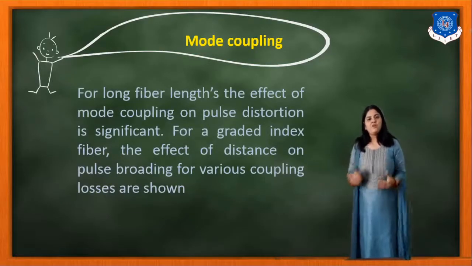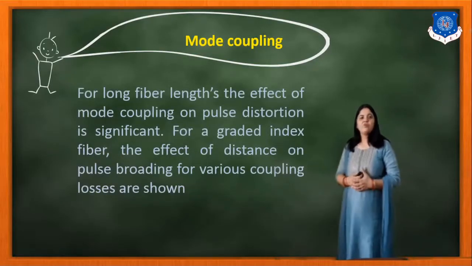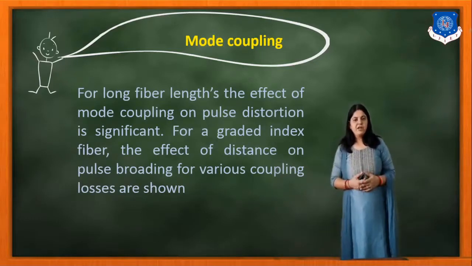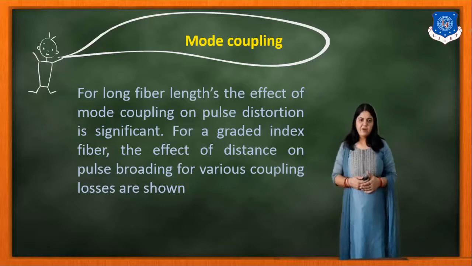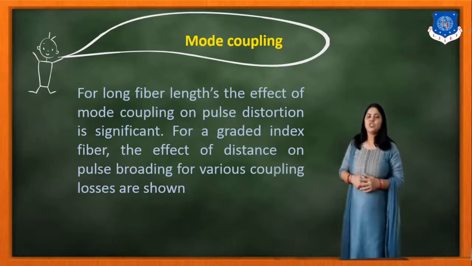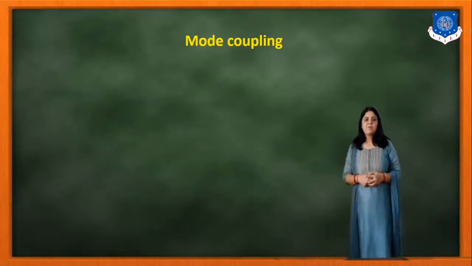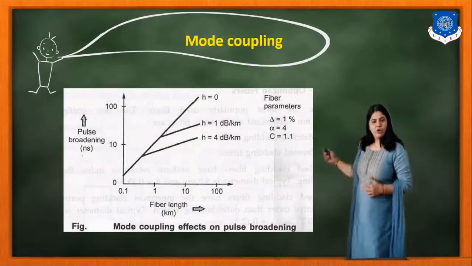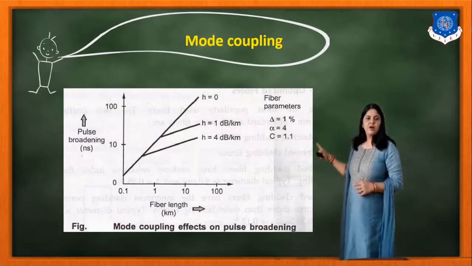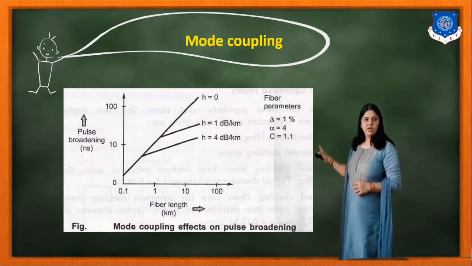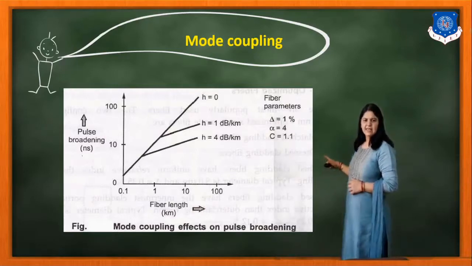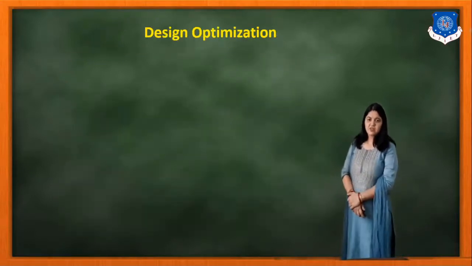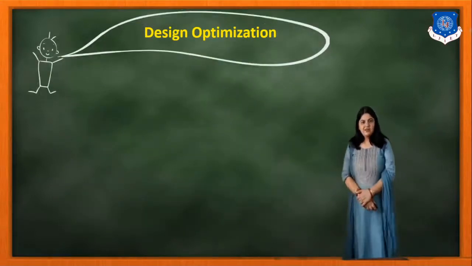For long fiber length, the effect of mode coupling on the pulse distortion is significant for a graded index fiber. The effect of distance on pulse broadening for various coupling losses is shown here. As fiber length increases, the pulse broadening increases. So this is about it.